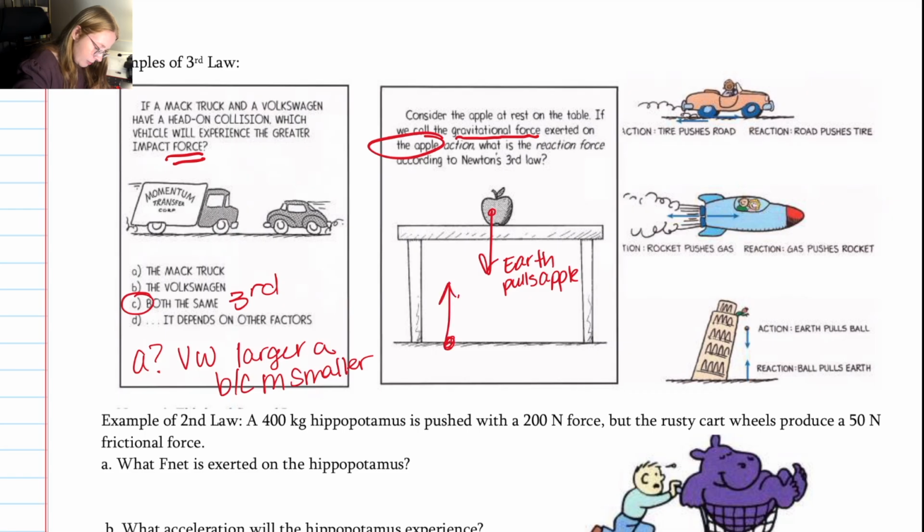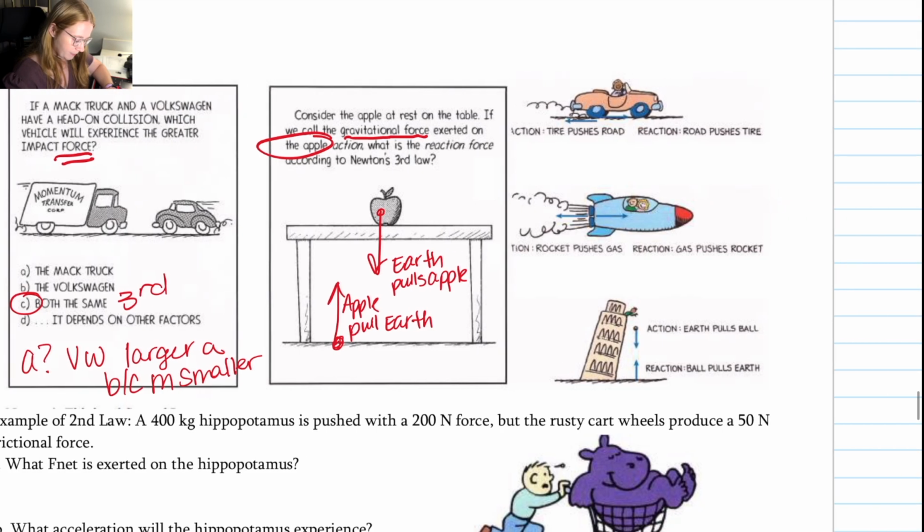The reaction to that would be the apple pulling back on the earth. And notice that the action reaction pair deals with the same objects. So if the earth is pulling on the apple, the apple has to pull back on the earth. The table was never mentioned, and the table is not part of that pair. So that's a good way to know. You should be talking about the same objects.